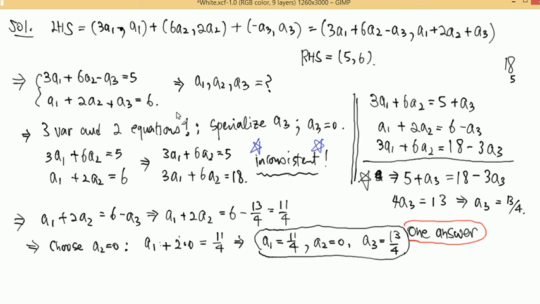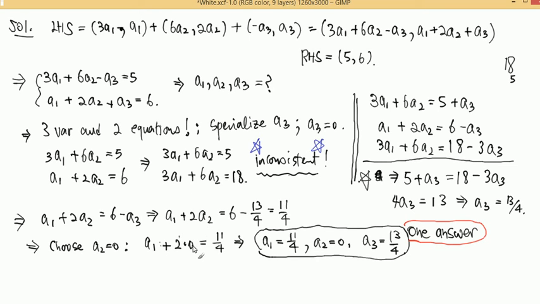And if you plug in 13 over 4 here, you get another equation, but you will find that that's exactly the same equation, because they are kind of the same equation except the right-hand side. So from here, you're really free, and because this equation and the other equation essentially give you the same equation, you can plug in an easy value.